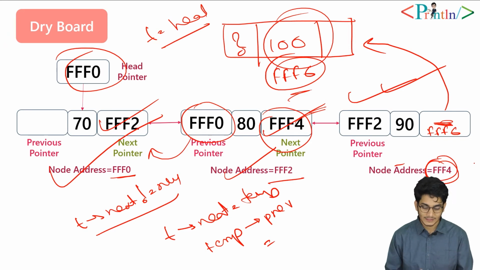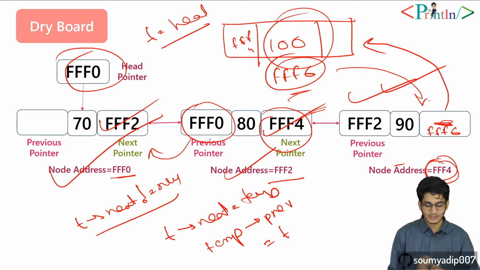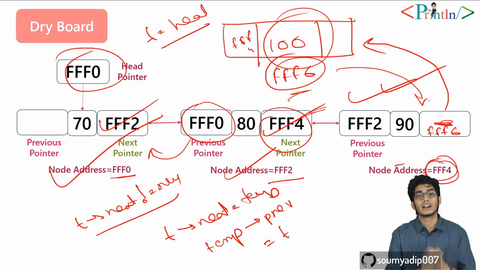We have this fff4 stored within t. So we'll write temp prev equals to t. It means here we'll have fff4. Now this node will be pointing to this node. This is how we can connect. So this is how we can add an element at the end of a doubly linked list.